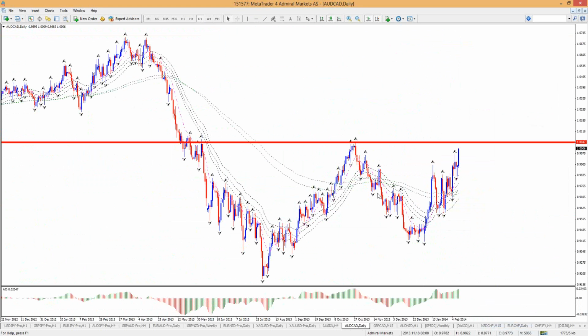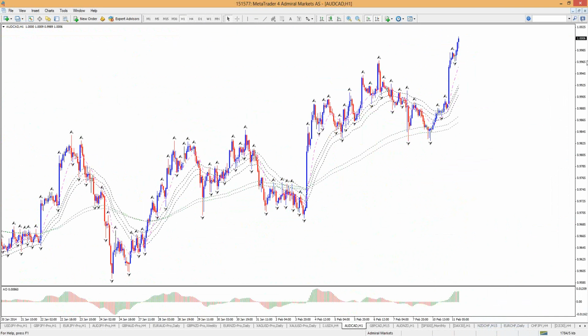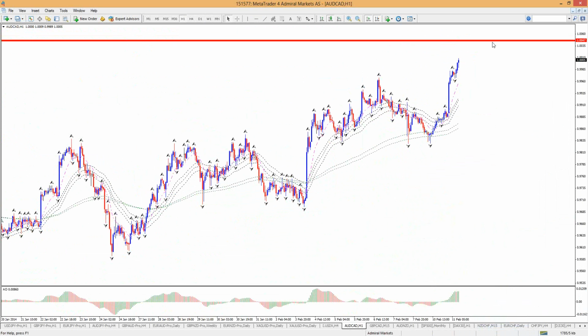There is a resistance line close by, so that of course is something that could cause the price to stop and pause. Within this 4-hour world, we are in an uptrend. We talked about it already. I remember last week that this was a big consolidation. We broke, pulled back, and continued. So we're doing that right now, and we're in the continue part. The resistance is pretty close by.